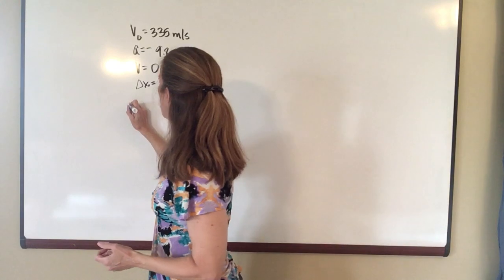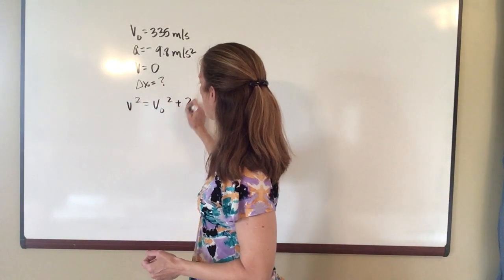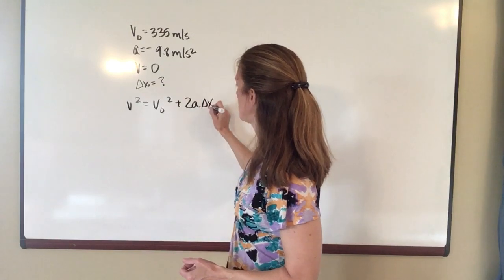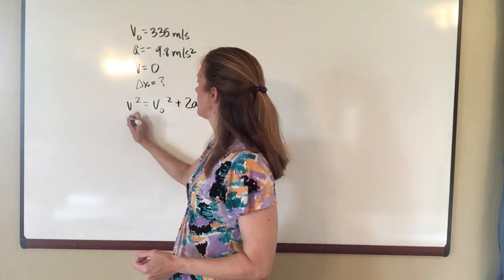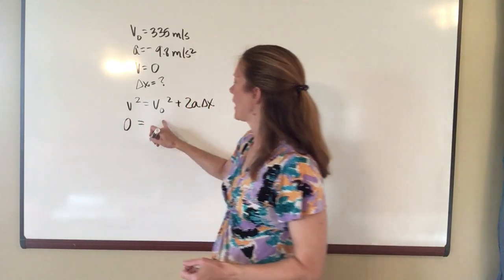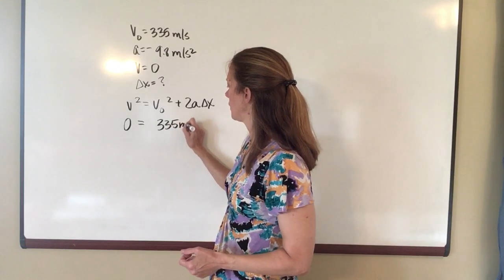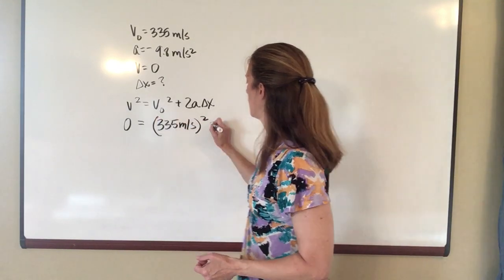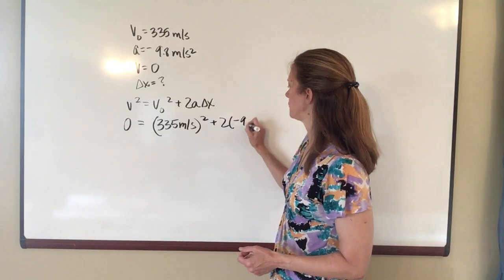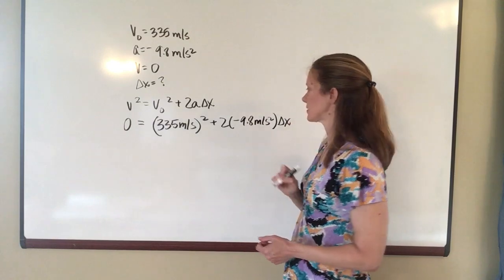The best way to solve this one: v squared equals v sub 0 squared plus 2a delta x. So my v is 0. My v sub 0 is 335 meters per second, quantity squared, plus 2 times negative 9.8 meters per second squared times delta x.